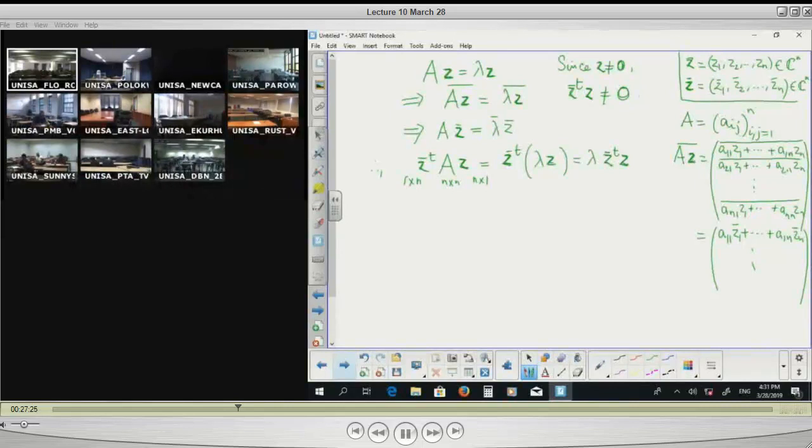Okay? Alright. So now, let's see. You told me that this is a complex number, so this is the same as its transpose. Right? Now let's see. If I transpose these matrices, I come to this.